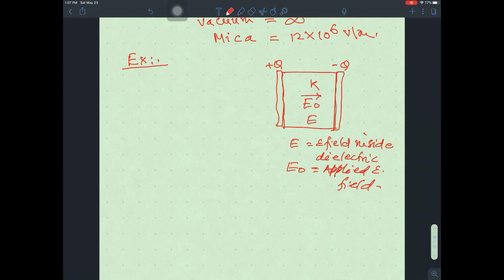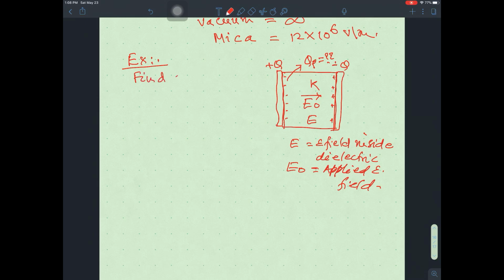E is the reduced value of electric field. Due to this, some charge will develop here and some charge will develop here due to polarization. I am calling this charge QP, and you have to find this value. That means you have to find the charge induced on the surface of the dielectric.